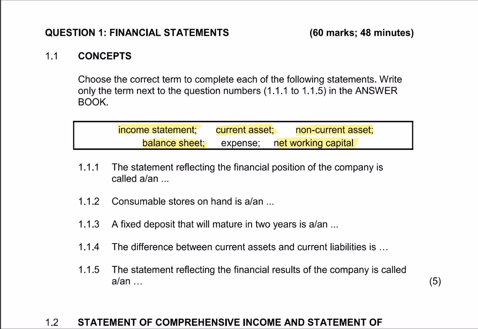The income statement reflects how the company performed in terms of making profit or loss. Those are the financial results. On the other hand, the statement of financial position reflects the financial position of the company, that is the balance sheet. Okay, let's move along.